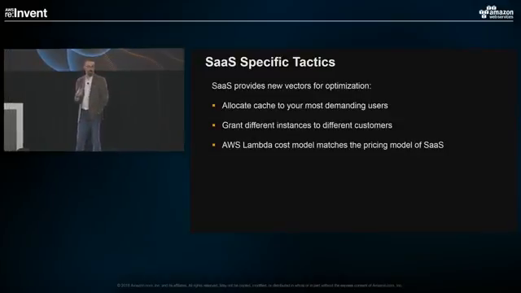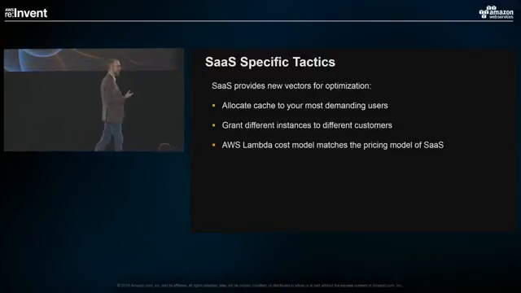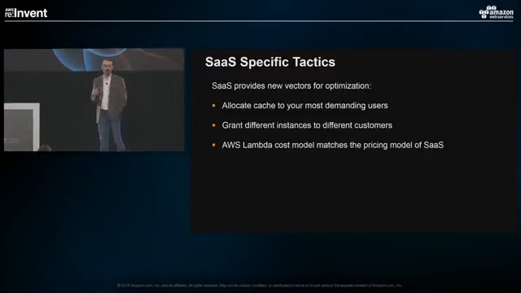Then taking a look at some SaaS-specific tactics. When you're delivering a SaaS product, you're collecting a lot more data, you've probably got more infrastructure, and that gives you a greater ability to optimize across your infrastructure. Now, one of the things that may not be apparent here is that you don't have to give the same infrastructure to all of your customers, right?